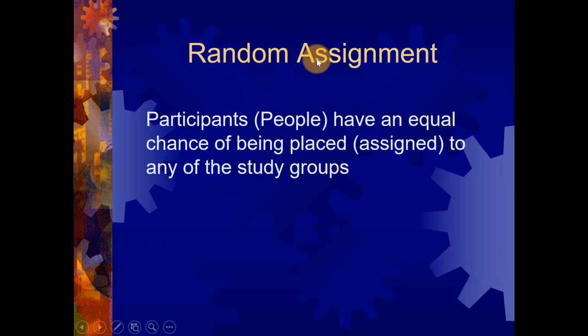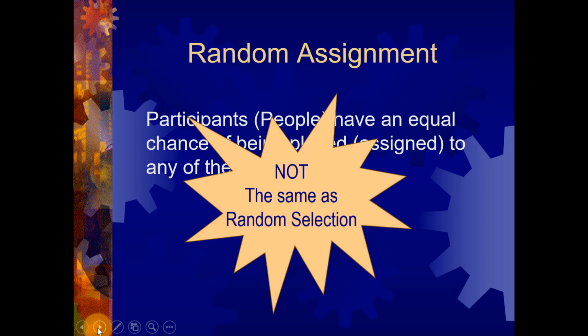With random assignment, the key is that the people in the study were randomly assigned to one of those two groups. They were placed randomly. That means that they all initially had an equal chance of being selected. Now, this is not the same as random selection. Random assignment and random selection both have the word random in them, so they can be confusing.